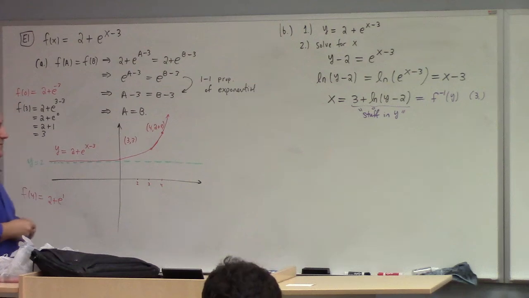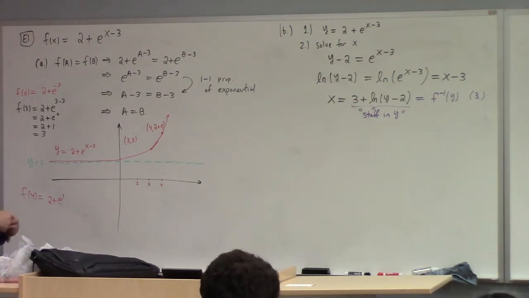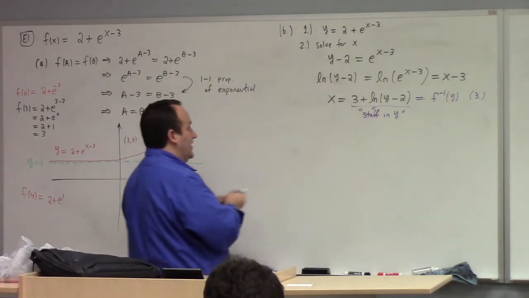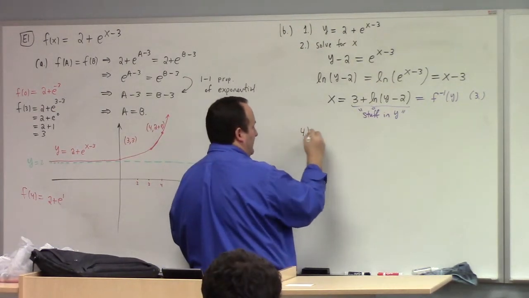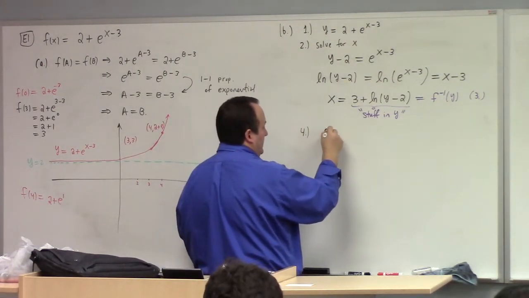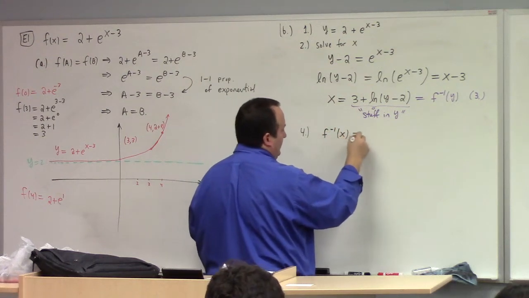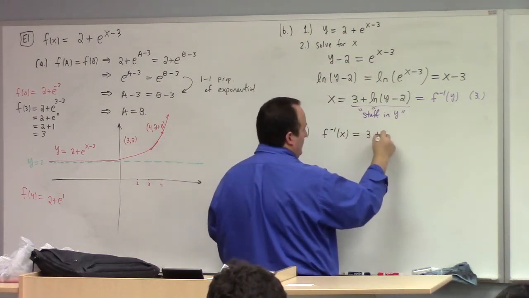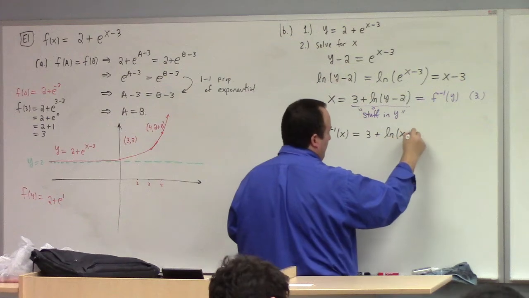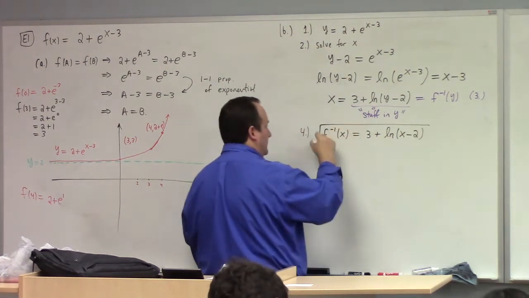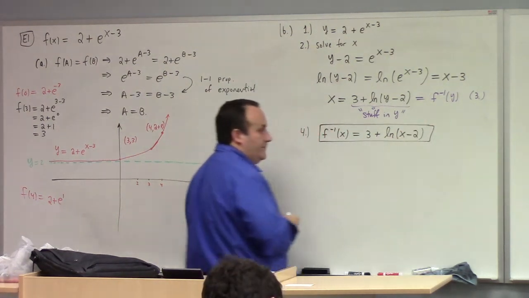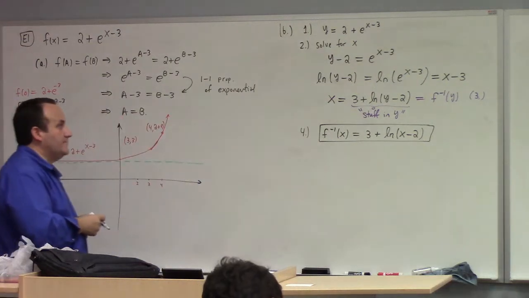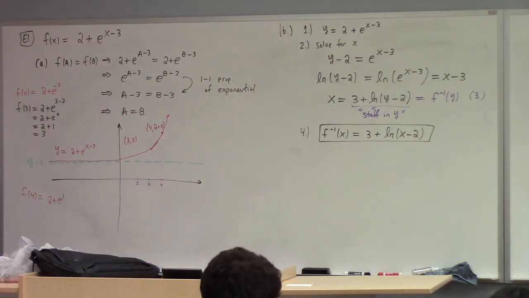And then step 4, if we need it, is to change y to x, right? So step 4, and I did ask us to find the formula y equals f inverse of x. So f inverse of x here is 3 plus the natural log of x minus 2. And there you go, that's the formula right there. Which is kind of neat, right?